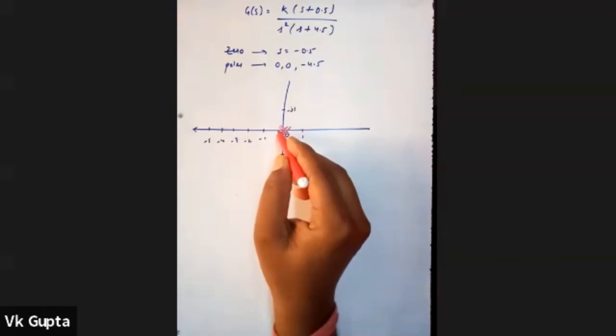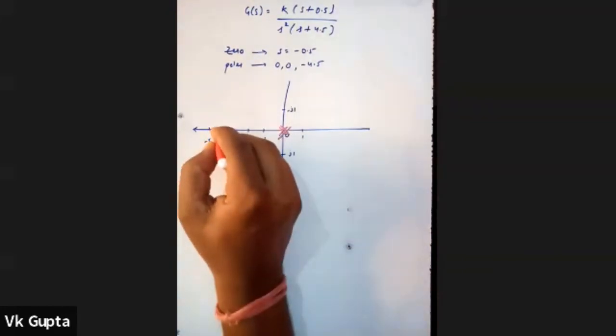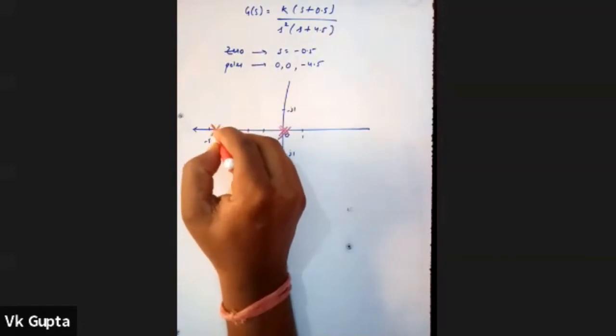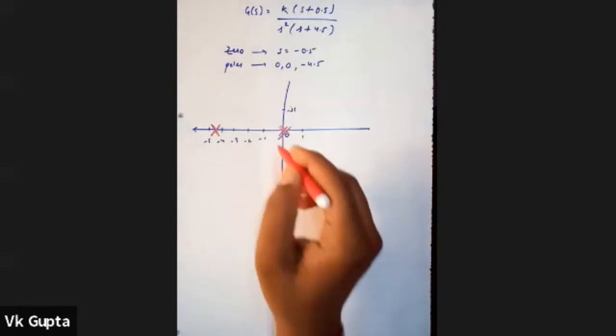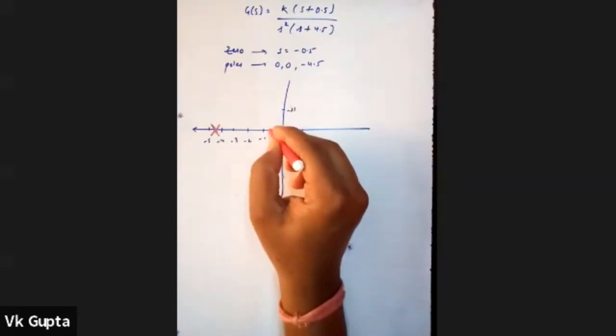And we have one pole at minus 4.5. Now we have a zero at minus 0.5.